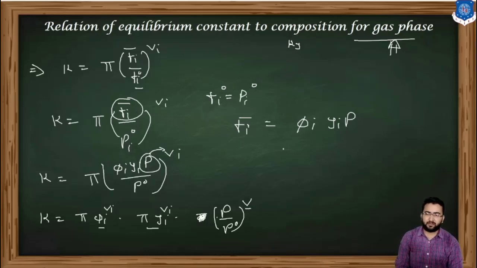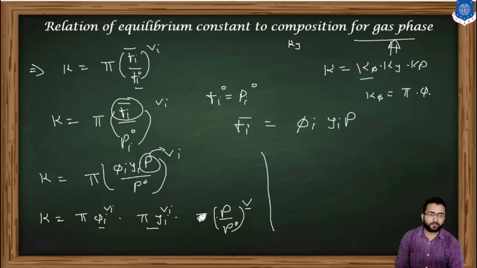But in an exam, you may be told to prove the equation K is equal to K phi into Ky into Kp. This is the same equation. We are just considering K phi is equal to Pi of phi i whole raised to vi. Similarly, we can consider Ky is equal to Pi of yi whole raised to vi, and we can consider Kp is equal to P upon P naught whole raised to v.